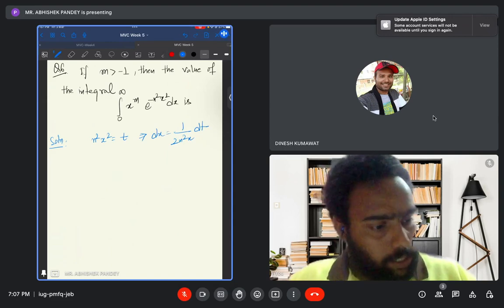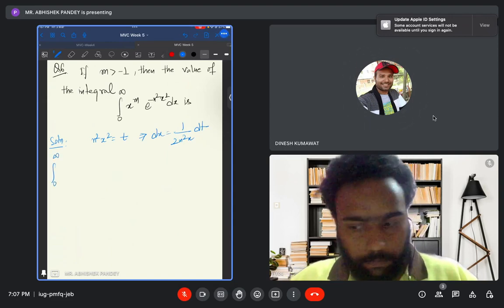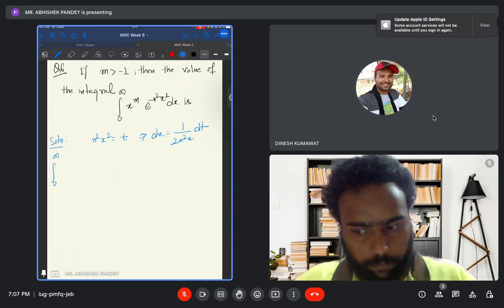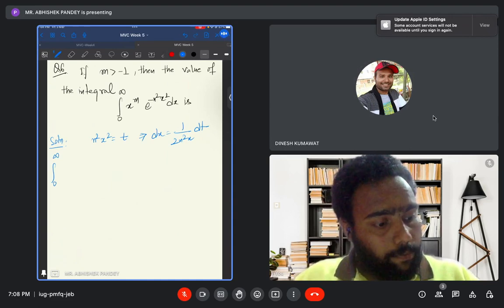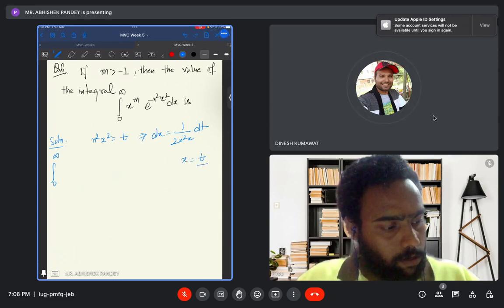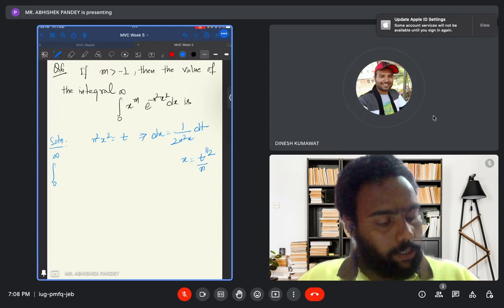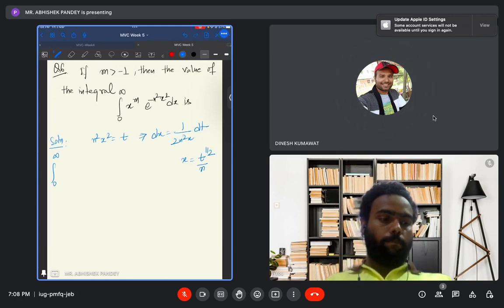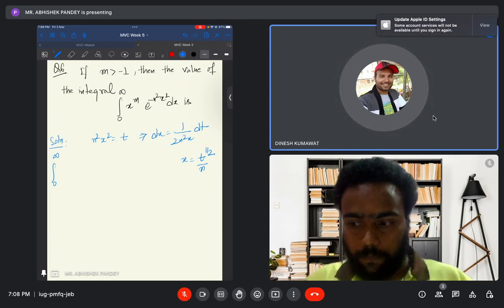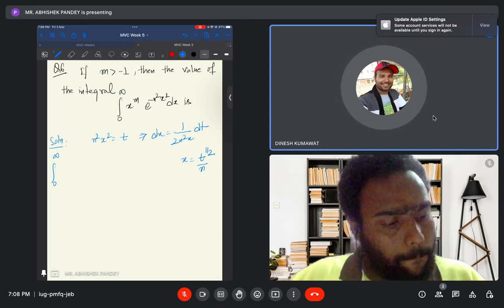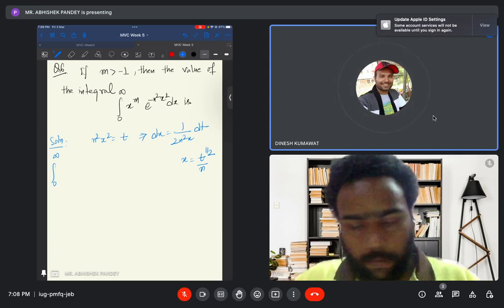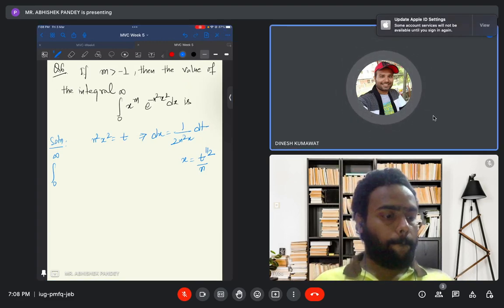So this integral from 0 to infinity of x to the power m is now what? x is basically t to the power 1 by 2 upon n, isn't it? Instead of this, if I simply put nx equals t, then also we can find this, I think.